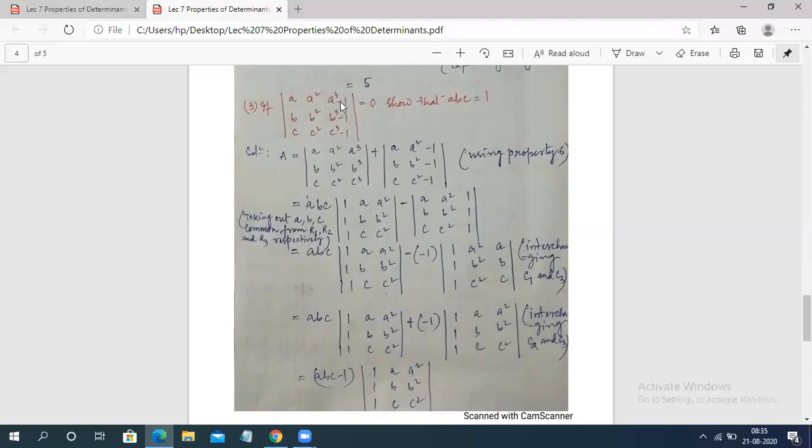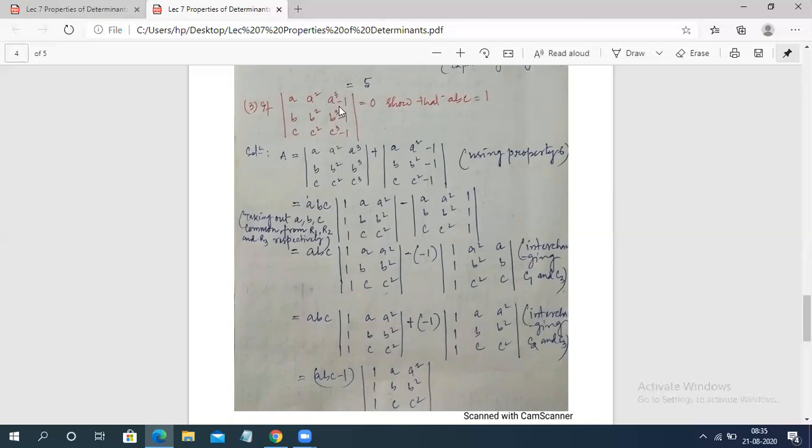Negative sign means additive inverse. So this can be written as a square, a cube; b square, b cube; c square, c cube, plus a square, minus 1; b square, minus 1; c square, minus 1, by property 6.